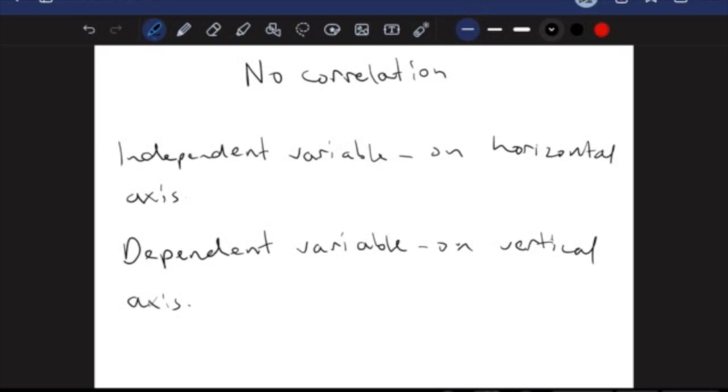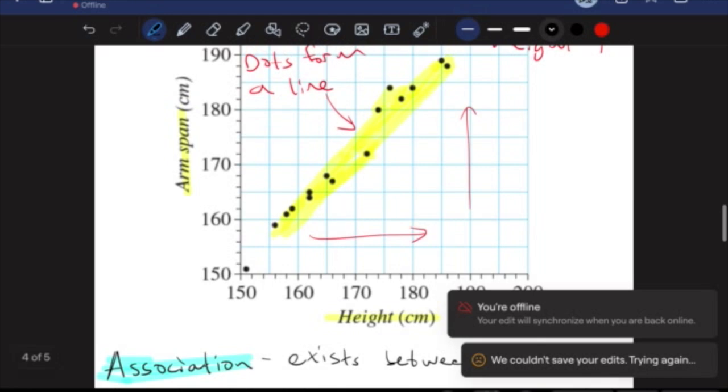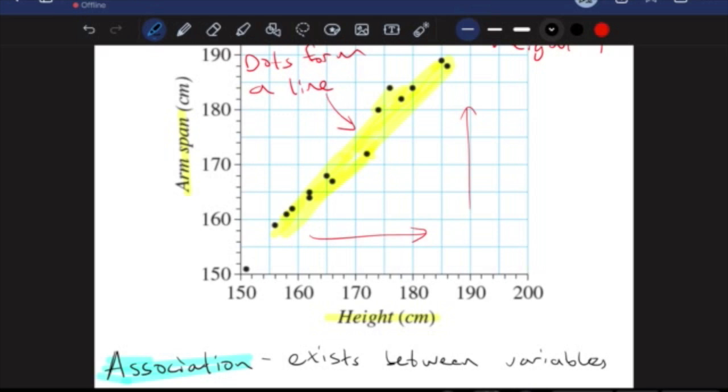It depends on whatever my other variable is doing. So this is going to sit on our vertical axis, and from here, the arm span is dependent on the height. That is the thing that's changing as the height is increasing or decreasing.